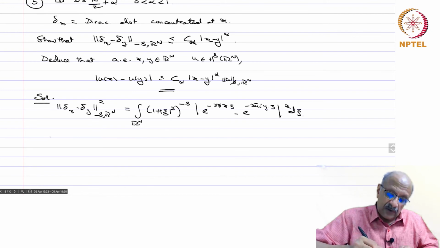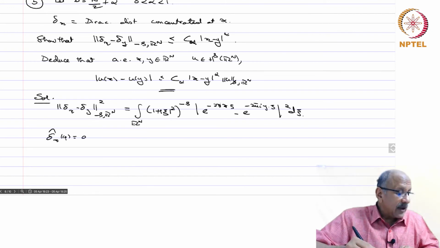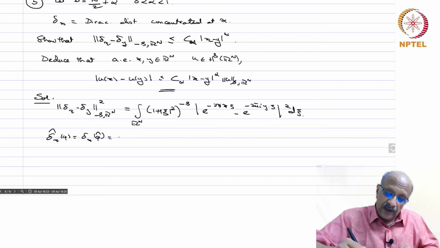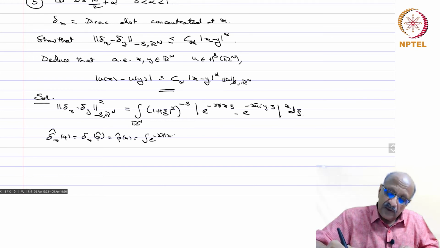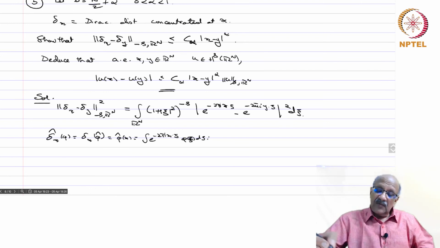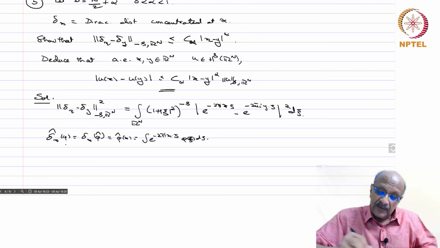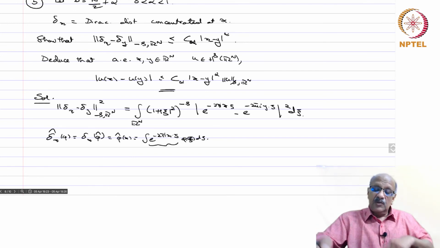Why is this? Because the Fourier transform of delta x equals delta x of phi hat, and that's equal to phi hat of x, which is the integral of e to the power minus 2 pi i x dot psi, phi of psi d psi. Therefore you have that delta x hat is nothing but this expression here.